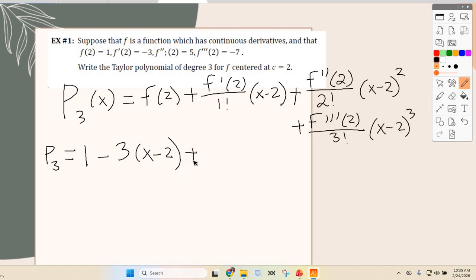And then plus, what's our second derivative at 2? 5, divided by 2 factorial, times x minus 2 quantity squared. And that gives us our third degree Taylor polynomial. What questions do we have?